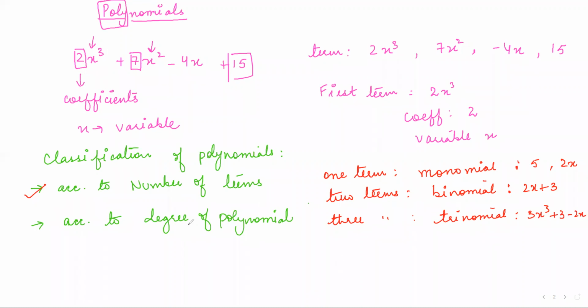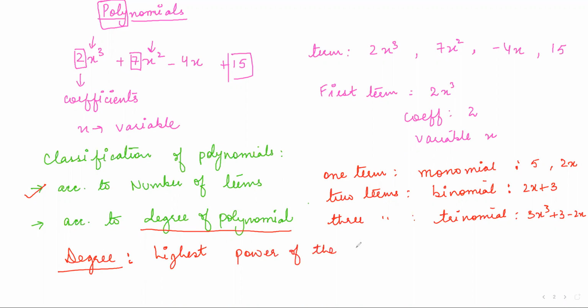Now, if I want to classify according to degree of polynomial, first of all, I have to understand the meaning of degree. Degree is the highest power of the variable.